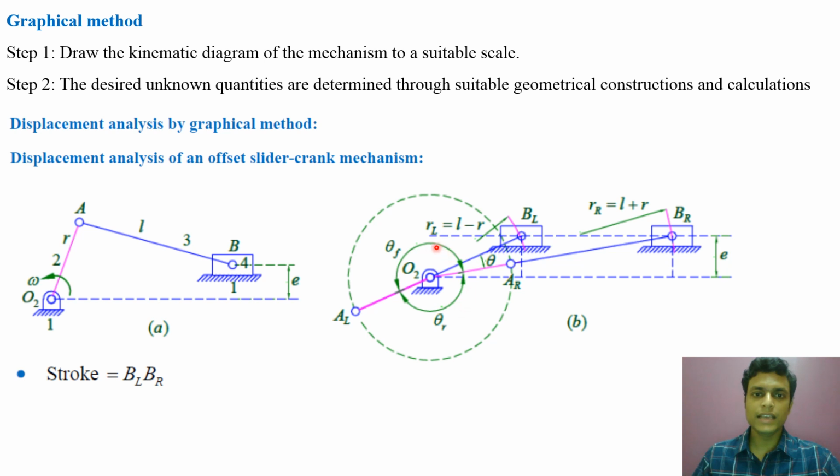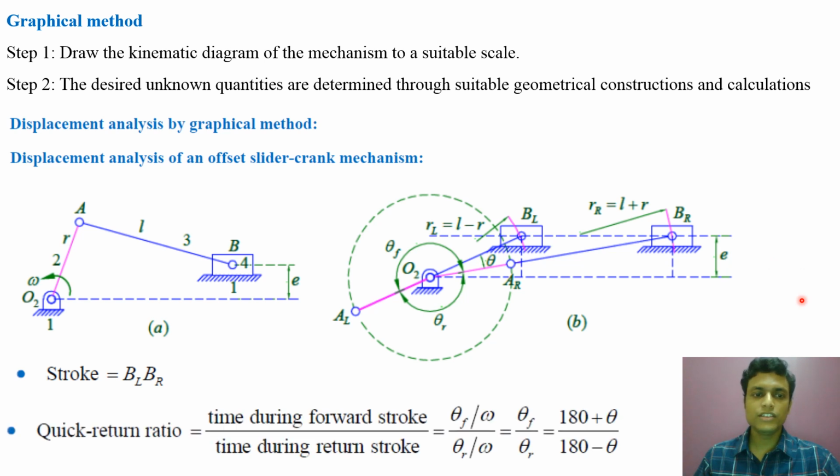Here we see that theta F, the movement of the crank during forward stroke, is greater than theta R, the angular movement of the crank during return stroke. So forward stroke time is greater than return stroke time. So we have a quick return ratio. What will be the quick return ratio? The quick return ratio is the time during forward stroke divided by the time during return stroke.